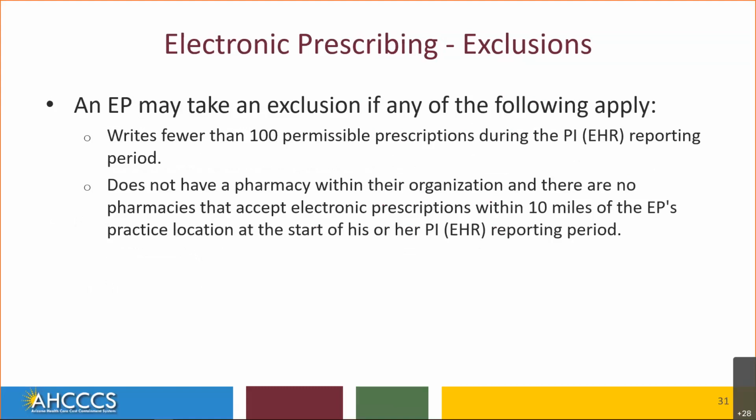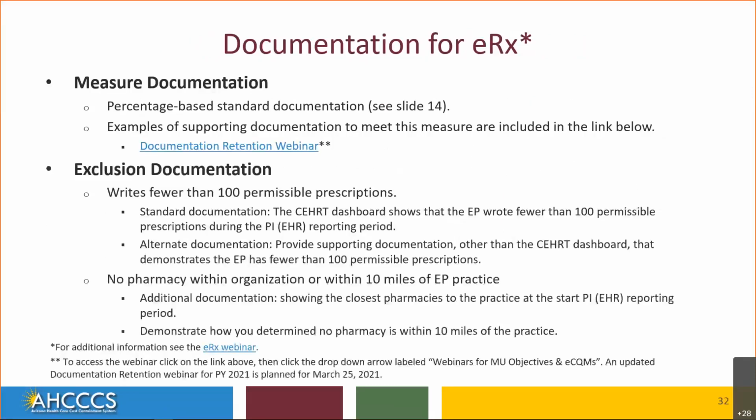So for the first one, the EP must write fewer than 100 permissible prescriptions during the PI reporting period. The second exclusion is that the provider does not have a pharmacy within their organization, and there are no pharmacies that accept electronic prescriptions within 10 miles of EP's practice location at the start of his or her PI reporting period. So what type of documentation is required?